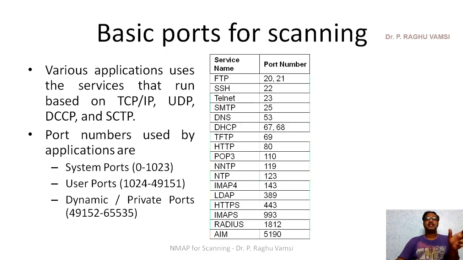That means the IP address is common, but whenever the port number changes, one port will be bound to one application. Like that, if a computer has hundreds of applications, they will use the socket, such as IP address plus the specific port number used by the application service. In that way, the port number helps us bind the application services and maintain the connection with the computer.